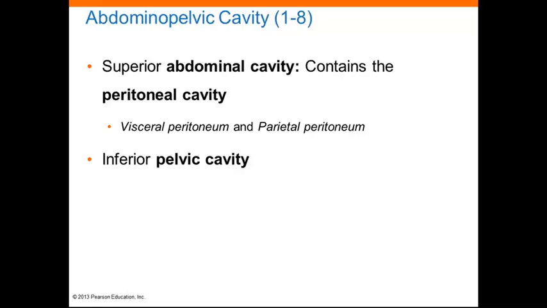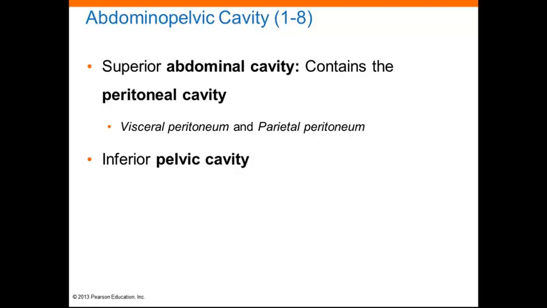Moving inferiorly, the abdominopelvic cavity is subdivided into a superior abdominal cavity and an inferior pelvic cavity. It will contain the peritoneal cavity lined with peritoneum. The visceral peritoneum covers the internal organs such as the liver, stomach, spleen, small intestines, and most of the large intestine.